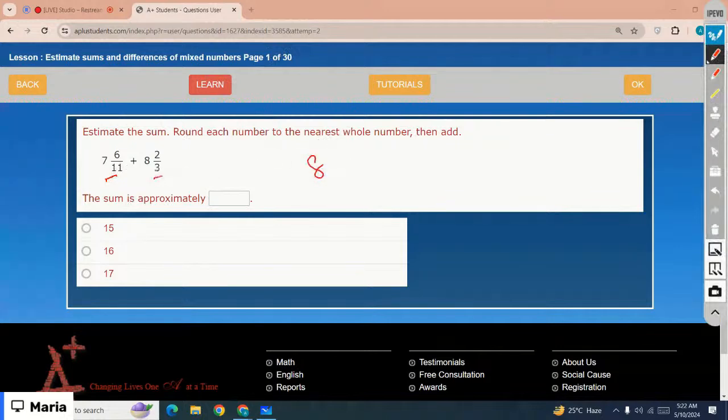And then you have 2 over 3. 2 over 3 is also greater than half, so it would be rounded off to 9. So 8 plus 9 is 17. The correct option is 17.